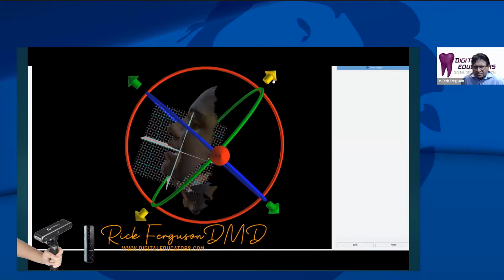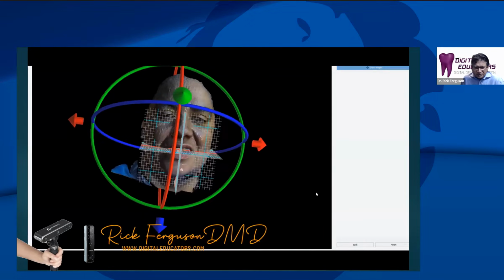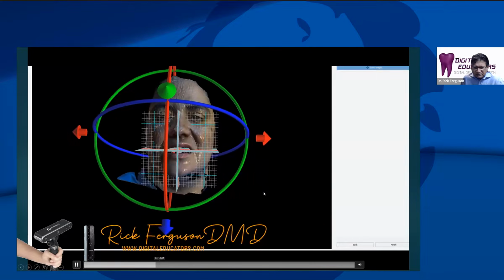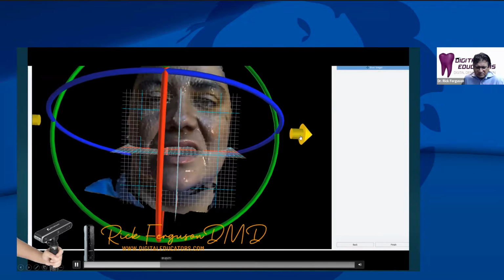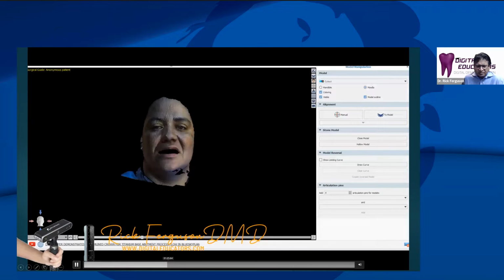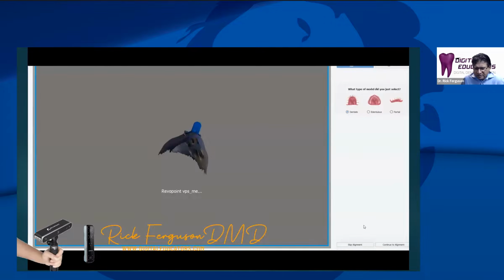So this is aligning the face scan to the grid. And then the next step is bringing in now the next model, which is going to be here. The same thing we did before that I demonstrated in exocad.